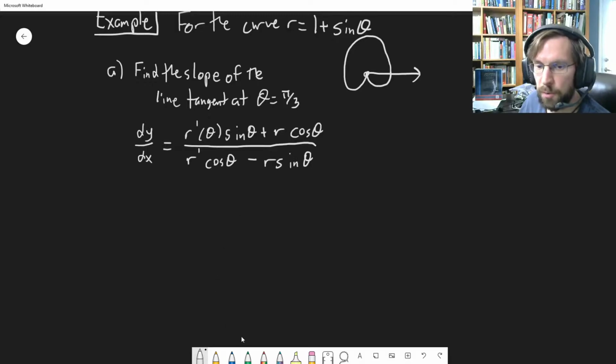We tend to simplify and know that r is a function of theta, so we don't usually write it as r of theta or r prime of theta.